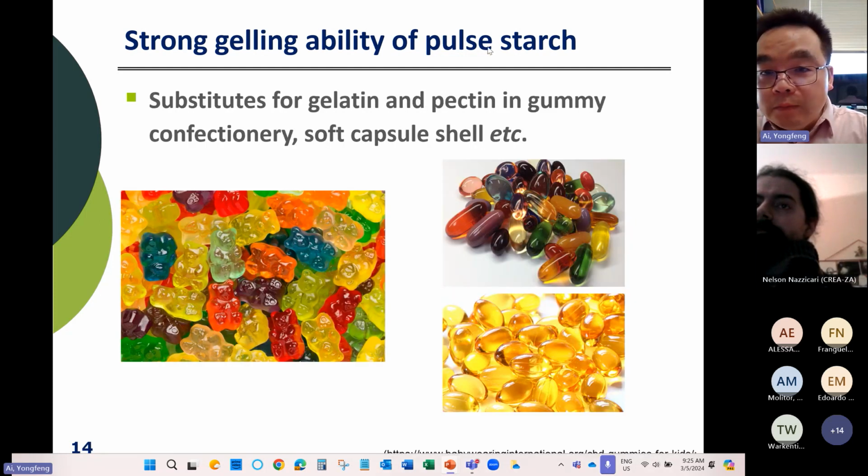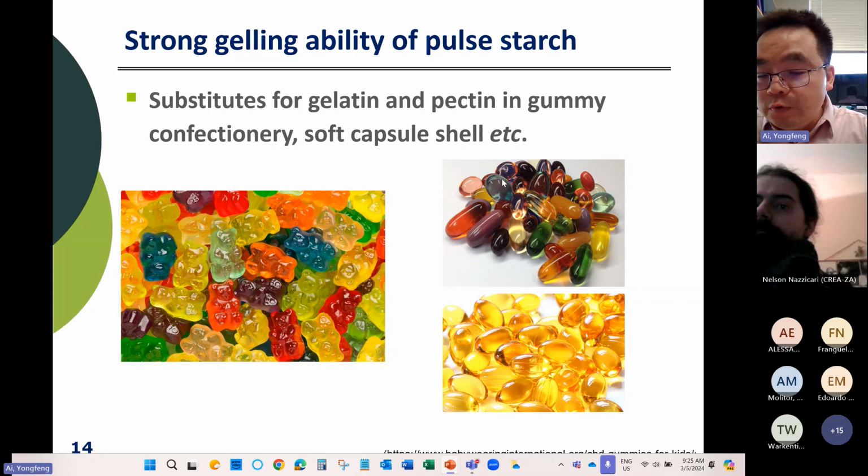And also, pulse starches are known as good substitutes for gelatin in gummy bear candies, and also to replace pectin, because both of them are used for gummy bear candies. And even the pharmaceutical industry has developed some very good starch from chemically modified pea starch.